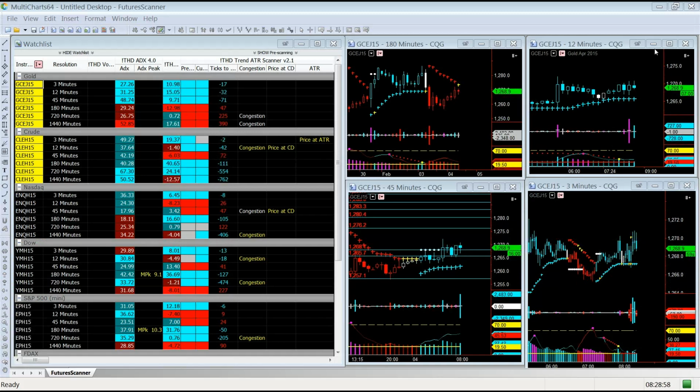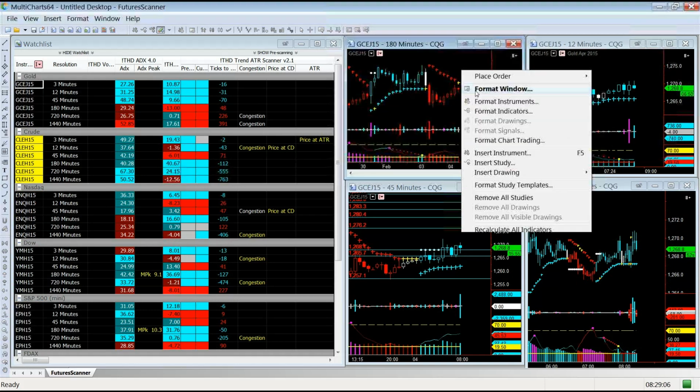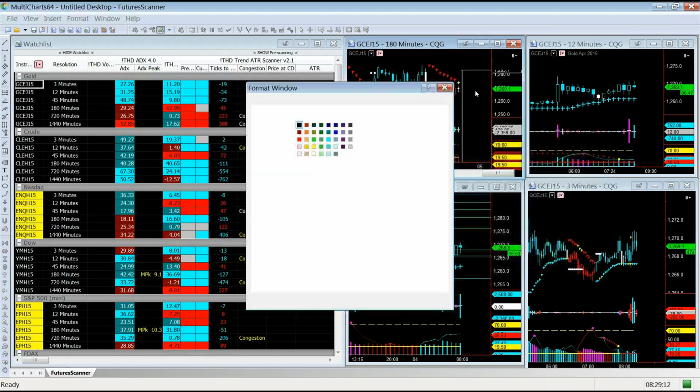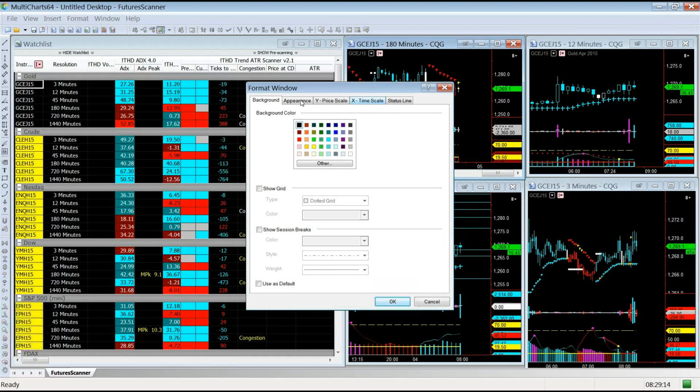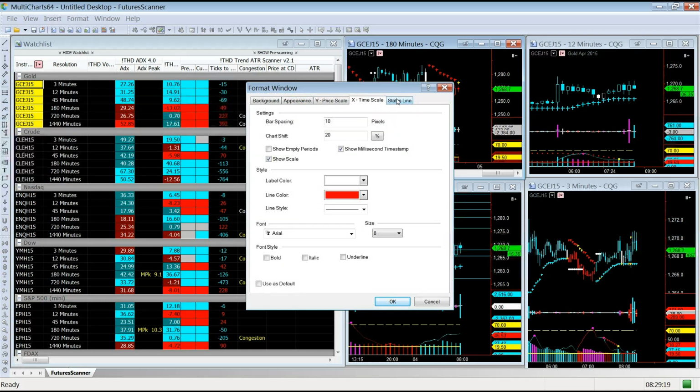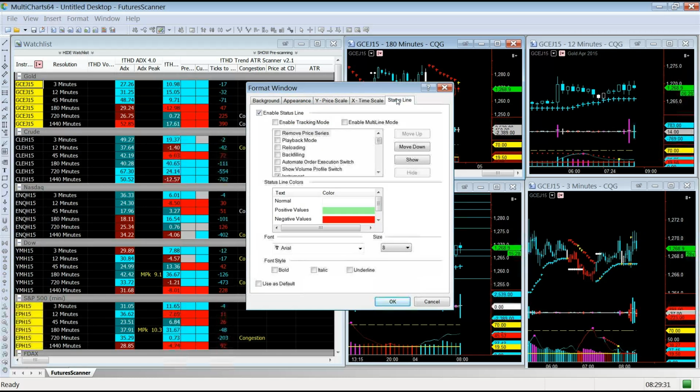How do I turn on the little countdown timer? If you right click on your chart, George, I believe it's format window and appearance. I've got to find this one. It's time scale. There it is. Nope, it's not. Okay, it's under indicators then.